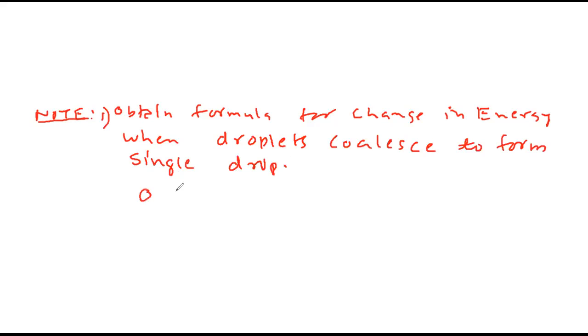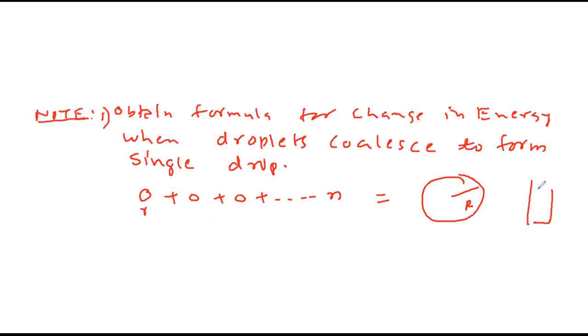So suppose we have n droplets in total. They combine to form a single bigger drop of radius capital R. This was small r. When these drops are joined, one big drop is formed. So volume is same for the entire liquid. Like suppose I take 1 drop of liquid, 2 drops, 3 drops, 4 and fill the entire glass, so the volume of the entire glass is the volume of the drops.